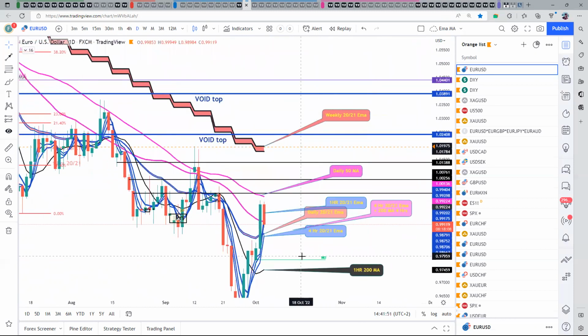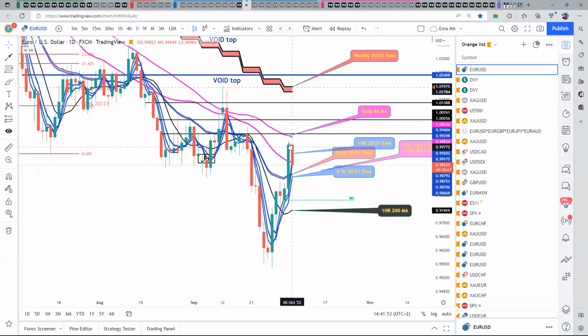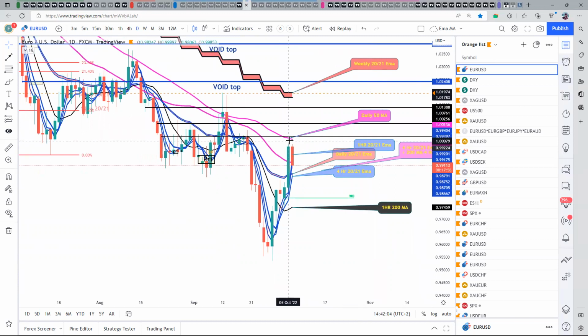I wanted to point out that on the way up, when we would break this high here, then we have an area of resistances and this daily 50 moving average, not exponential. This one is used a lot by the market. Many people, I mean, a big part of the market is using this one. So of course we should see some reaction arriving in that area, but we will speak about that when we break the high of yesterday's upside move.